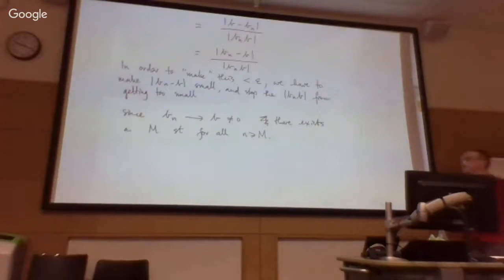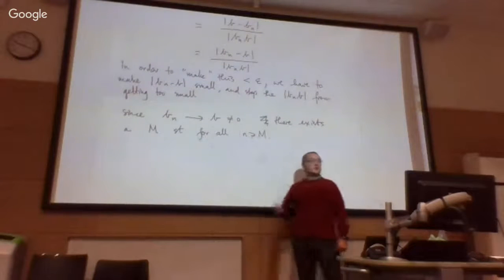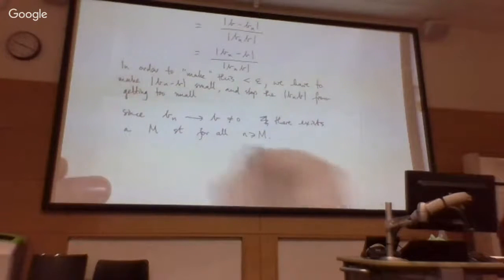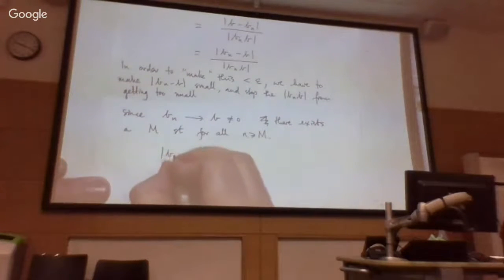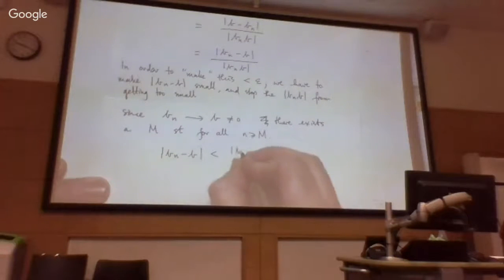Now I can find this point capital N that will make the absolute value of bn minus b small, and I can choose that measure of smallness as small as I want. So I'm going to insist that the absolute value of bn minus b be less than the absolute value of b over 2.